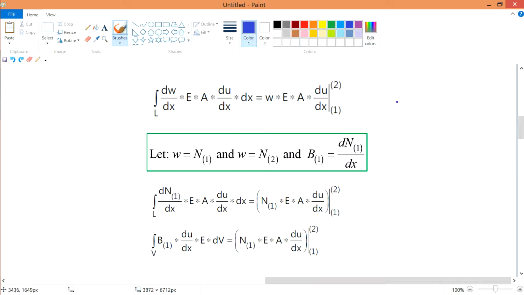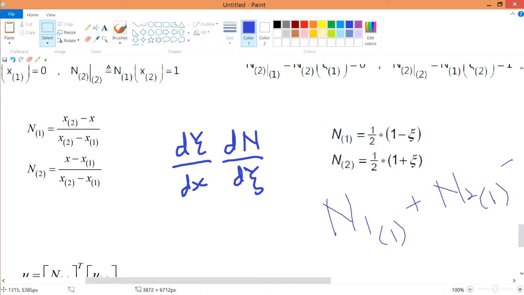Alright, and we can rewrite this thing in terms of a chain rule type of concept. So this chain rule is something like d psi dc over dx multiplied by dN over dc. Therefore if I bring this over here, this whole equation somewhat links your shape function of 1 minus c with the shape function in terms of x.